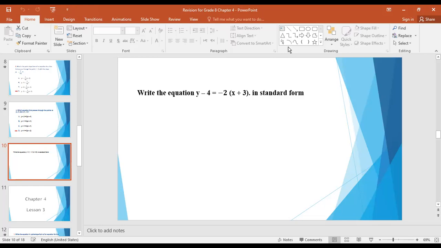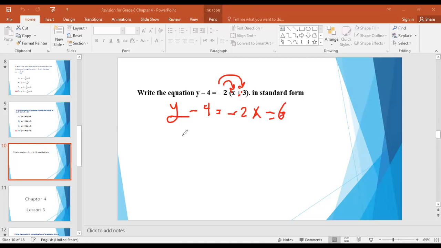Okay, how to do it in standard form? y equals mx plus b. So y minus 4, open the bracket, equals -2x plus -6, minus 6.